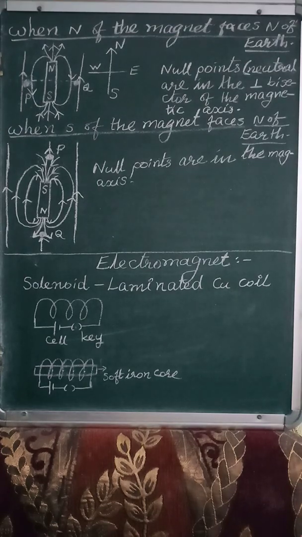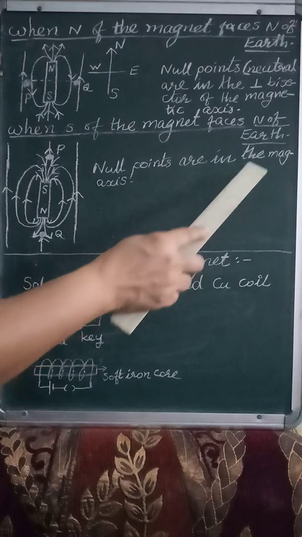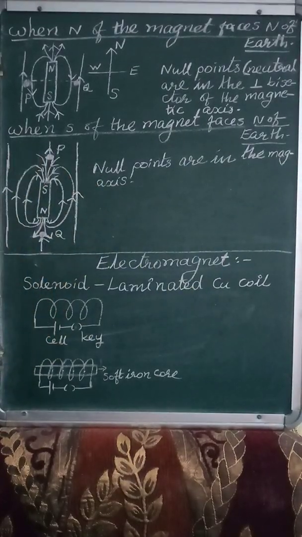Those points are called null points, neutral points. In this case, those two null points P and Q are in the magnetic axis.